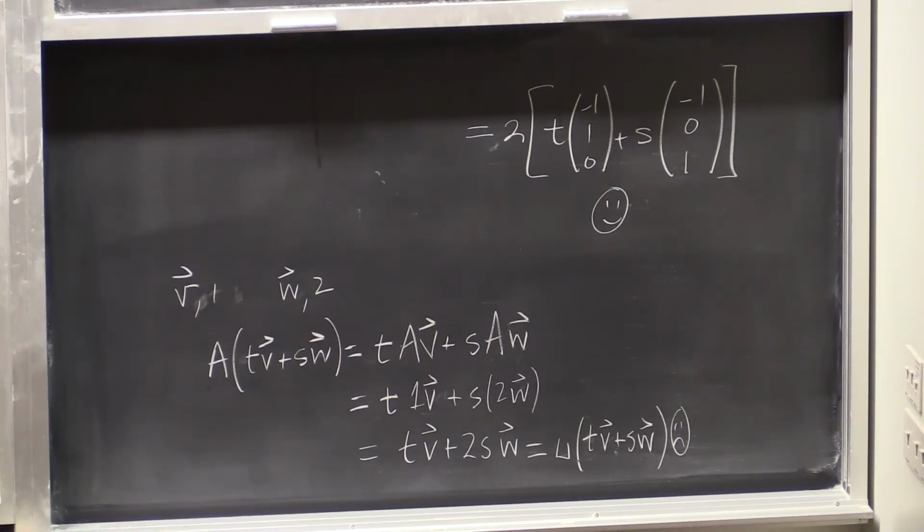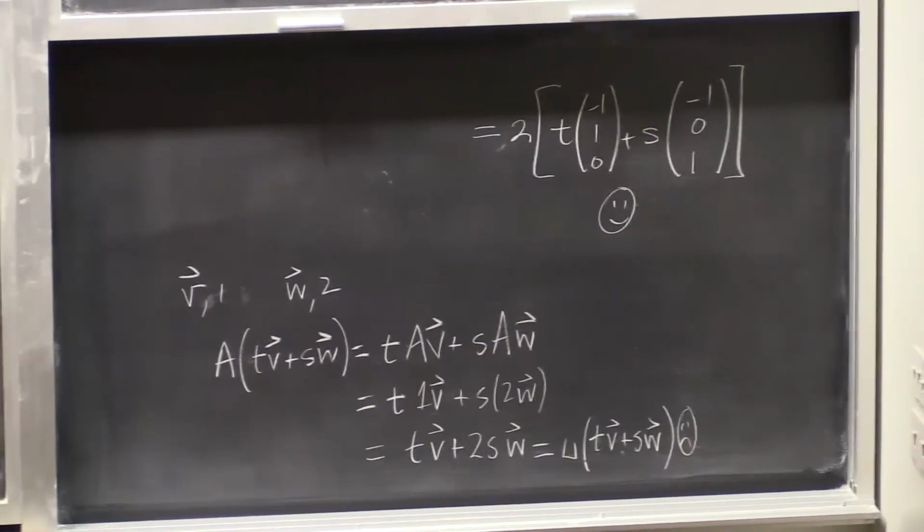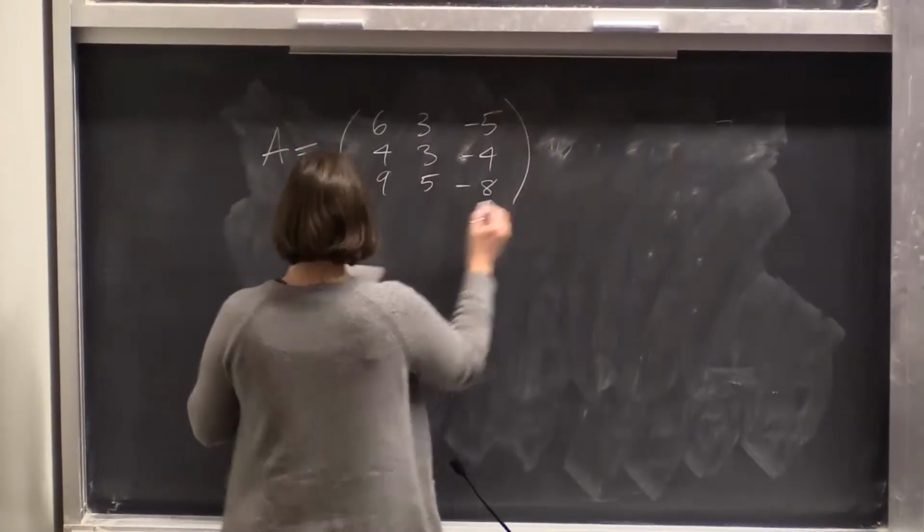Okay, so now a quick example. A is 6, 3, minus 5, 4, 3, minus 4, 9, 5, minus 8.